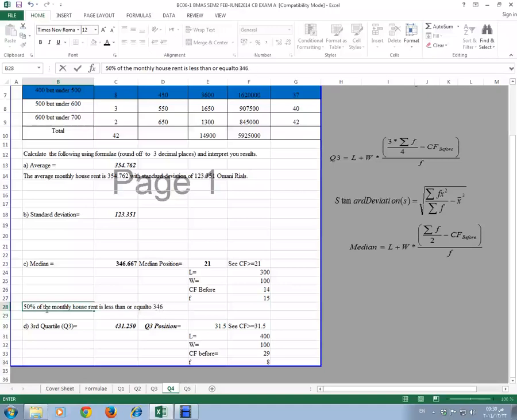Since half, 50%, are less, you can say also 50% are more.